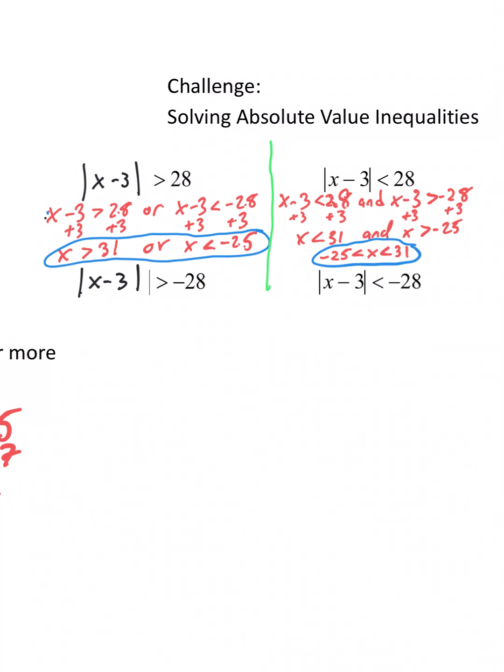This one, when is a distance ever going to be less than -28? Well, distances are always positive, so it is never less than -28. This one is going to have no solution. If we didn't see that right away, go ahead and try to solve those algebraically and see what happens.